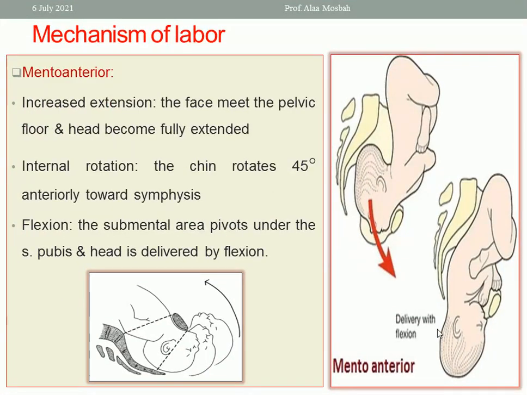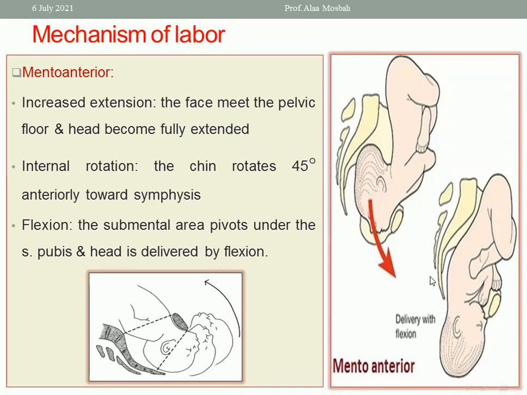Then there is more extension, and the face meets the pelvic floor and becomes fully extended. When it reaches the pelvic floor, internal rotation 1/8 circle anterior will occur toward the symphysis pubis.